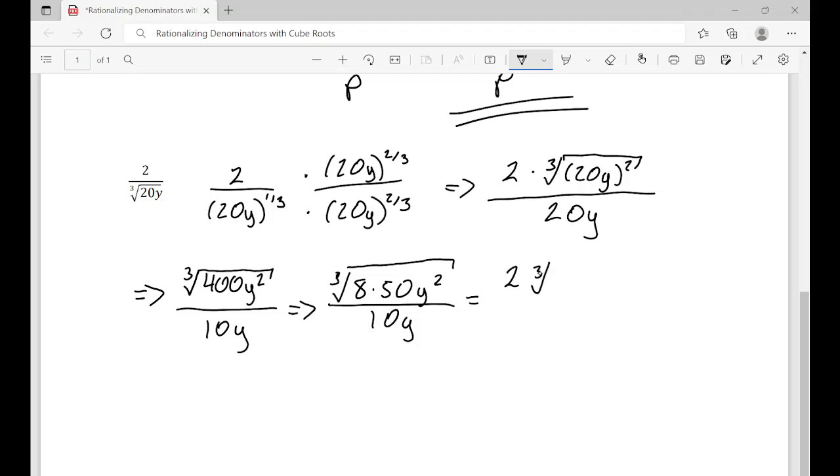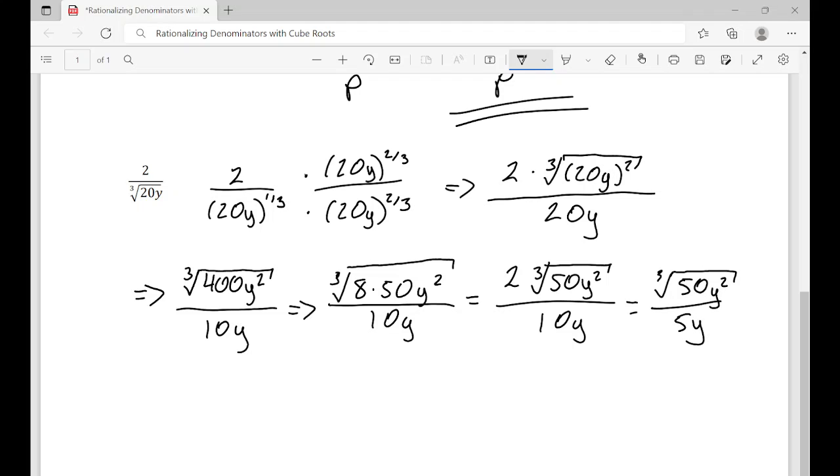So the cube root of 50y squared over 10y. And again, just like before, I can take 2 and divide it into 10. So I'm going to end up getting the cube root of 50y squared divided by 5y. And now, finally, this is my simplified solution.